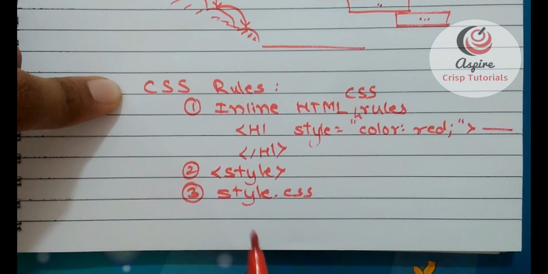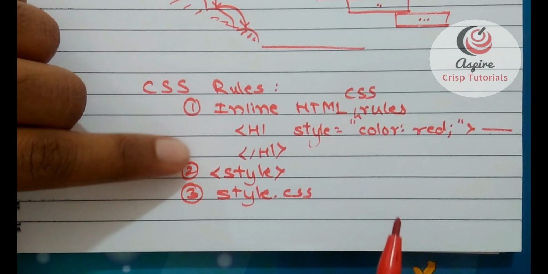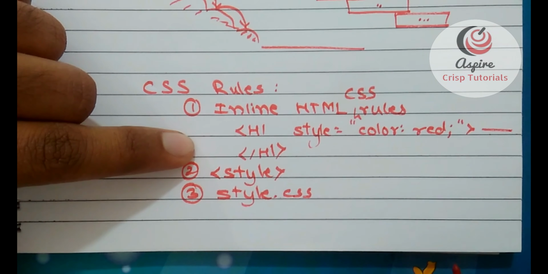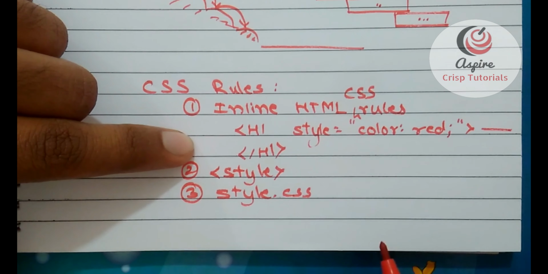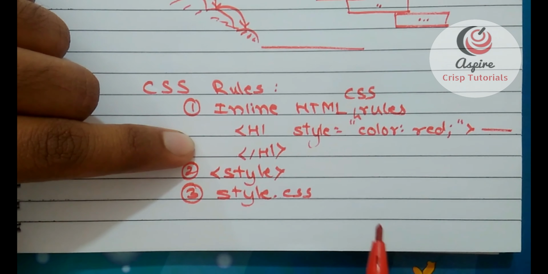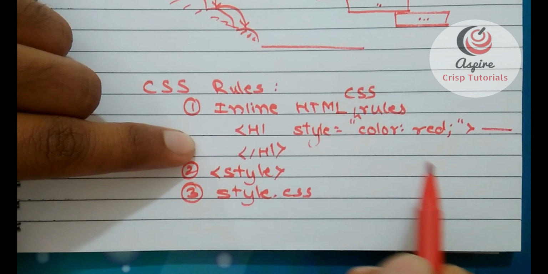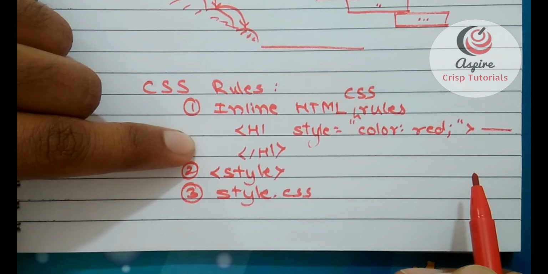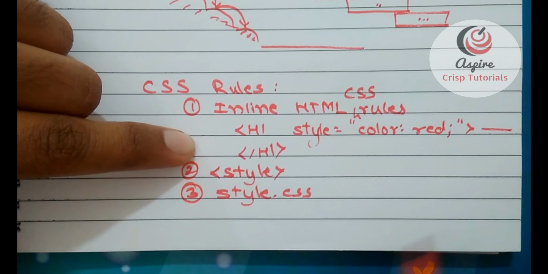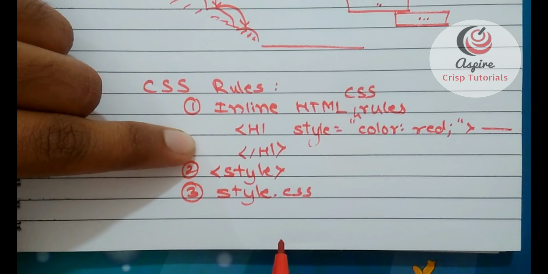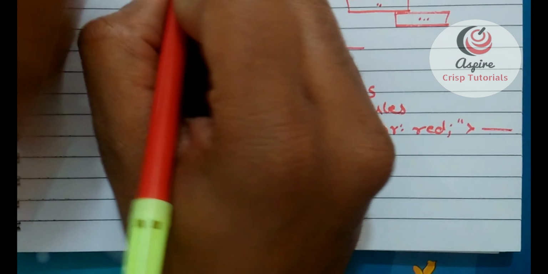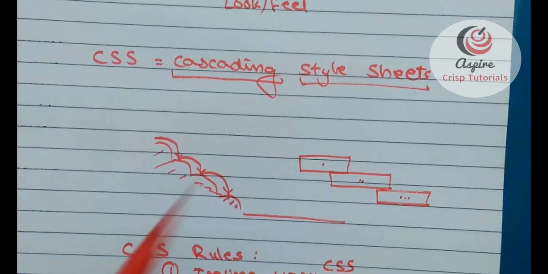Obviously, in a large application, by mistake or sometimes even intentionally, designers give mutually contradicting rules at different places. At that time, the cascading feature of style sheets is used.